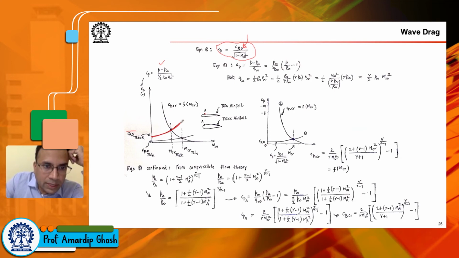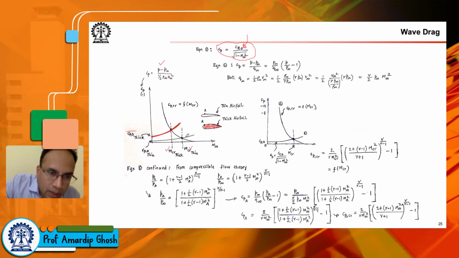Now here you see that this is the curve for the thick airfoil. We said that a thin airfoil is a way to push the critical Mach number further. As you will see, here you see Mach critical for the thick and Mach critical for the thin. So for thin wing cross sections, Mach critical is much higher than that for thick wing cross sections.